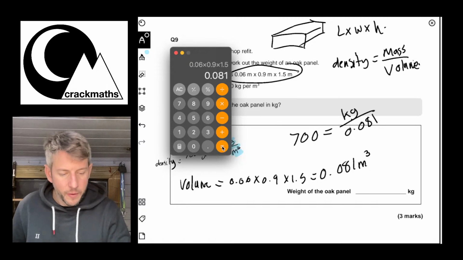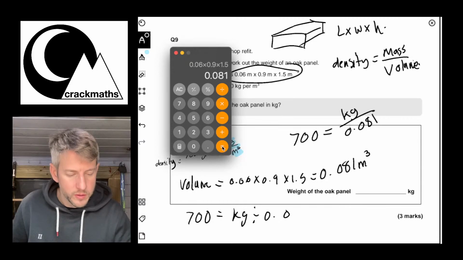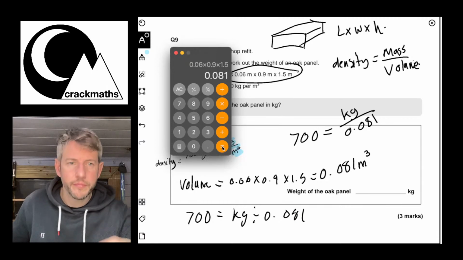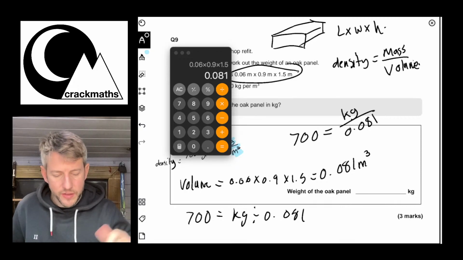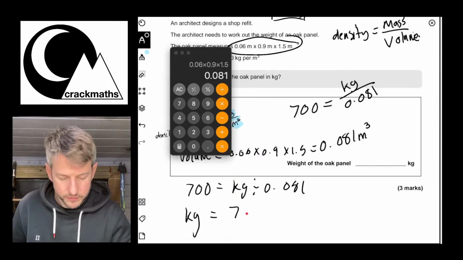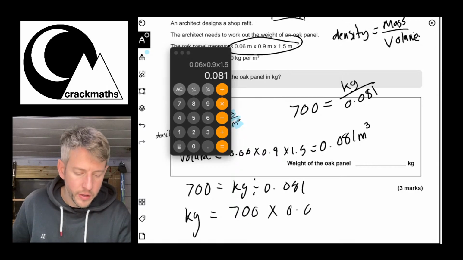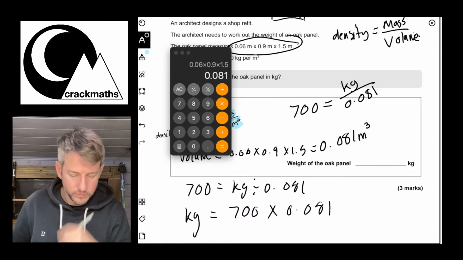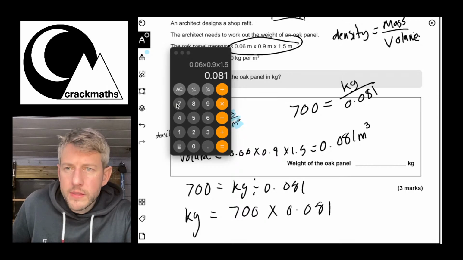Now remember this sign means divide, so 700 equals kg divided by 0.081. So if that's the case, that means that the kilograms will equal 700 times 0.081.